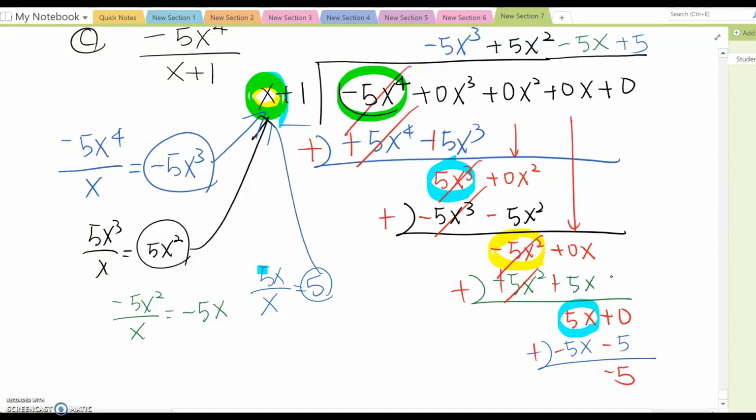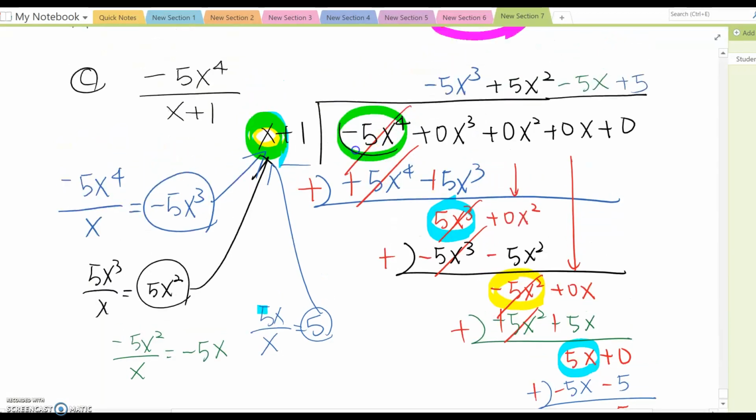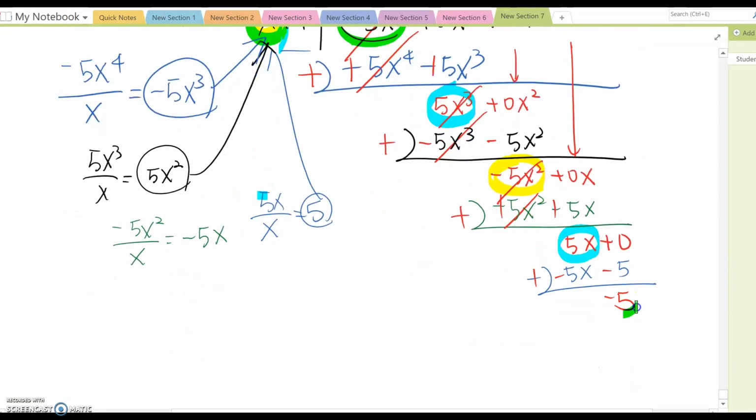Therefore, the answer, the quotient, becomes negative 5x cubed plus 5x squared minus 5x plus 5, and then that's the remainder. Now, how do we indicate those answers in function form?